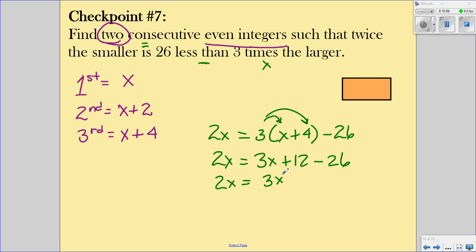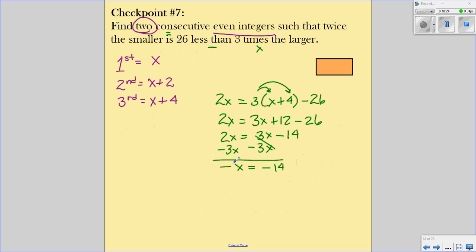So this one will give you negative 14. Then bring your variables together. So this one you do by subtracting 3x on both sides. So you're going to get negative x, and then you get negative 14. And since you have that invisible 1, you're dividing by negative 1 on both sides, and you're getting 14.